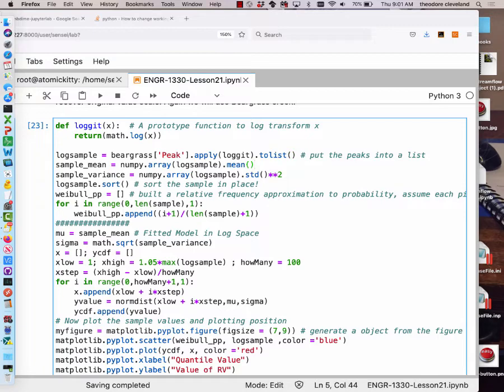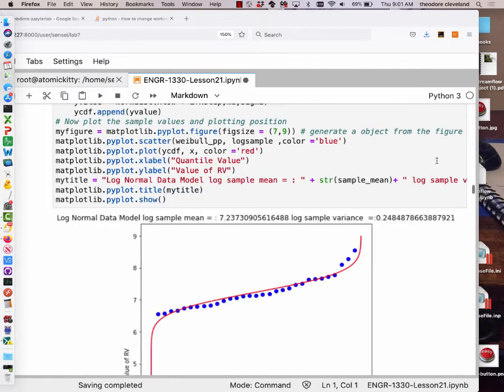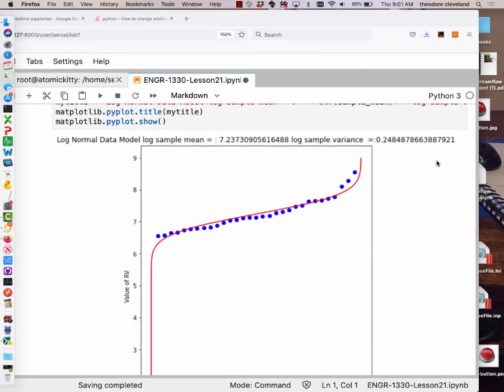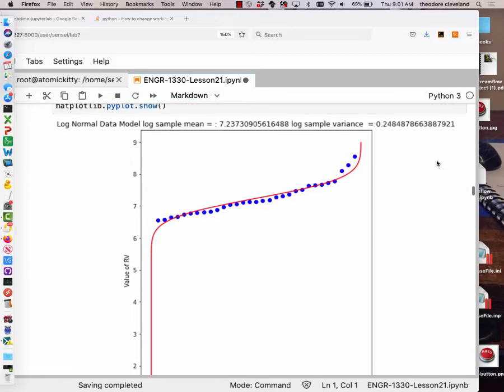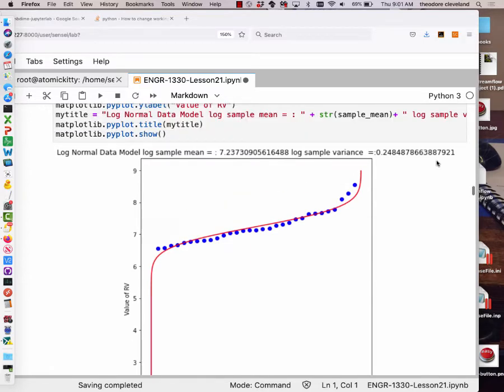Here we have a sample mean and a sample variance of the logarithmically transformed stuff. And then we will sort it, we'll build the plotting position, and then we will fit the model in log space and then plot it. So we do that, and there is our logarithmic transformed, and visually that looks even better because it looks like everything's closer, but that's a trick of the logarithmic transform.